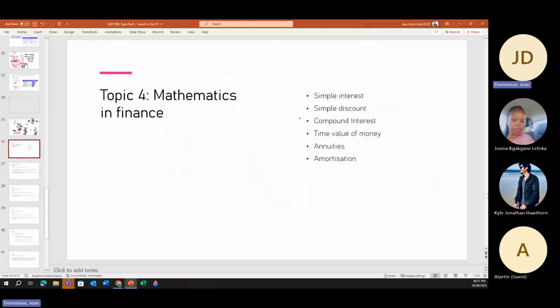We're going to look at simple interest rates, simple discount rates, compound interest, then time value of money, some annuities, amortization as well. I'm also going to show you, when we work through some of this, how to use Excel.